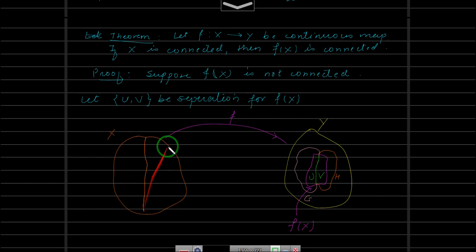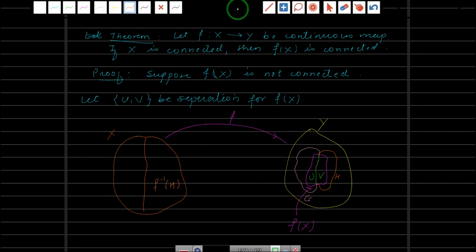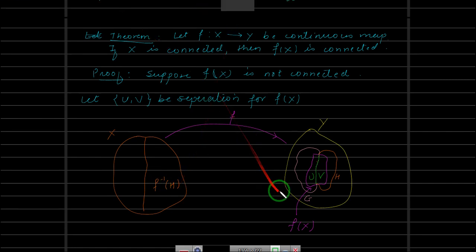Just assume this is the inverse image of H, and the inverse image of G also we need to take. So let us take this G and take the inverse image. This will be the inverse image of G.